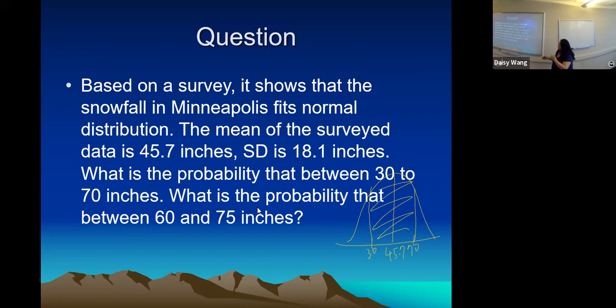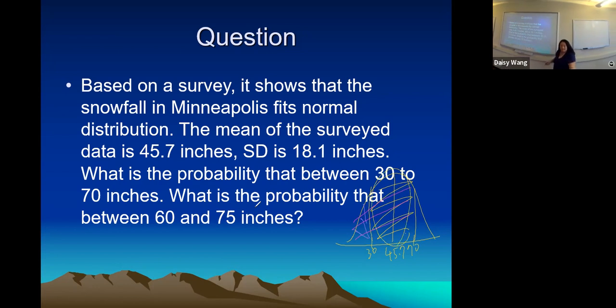Based on our table, remember our table shows the whole area. So we calculate the z-score for 70 and get this whole area. Then we use P70 minus P30, and we get the area in between.